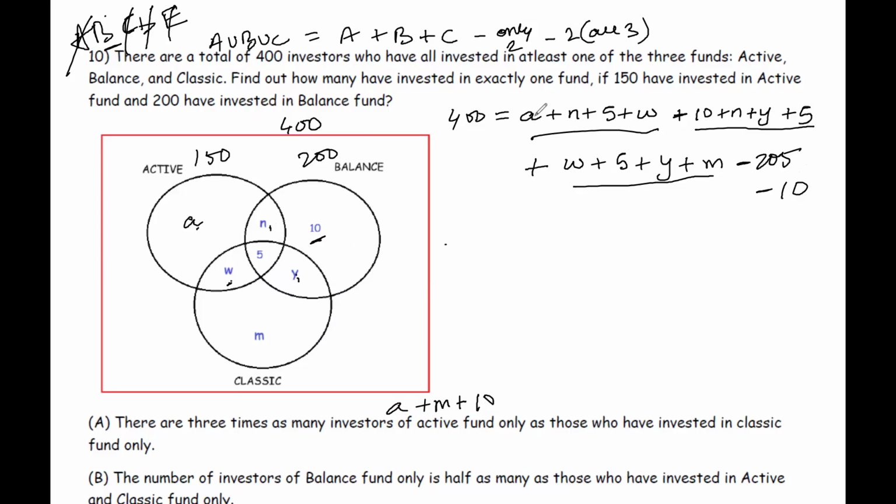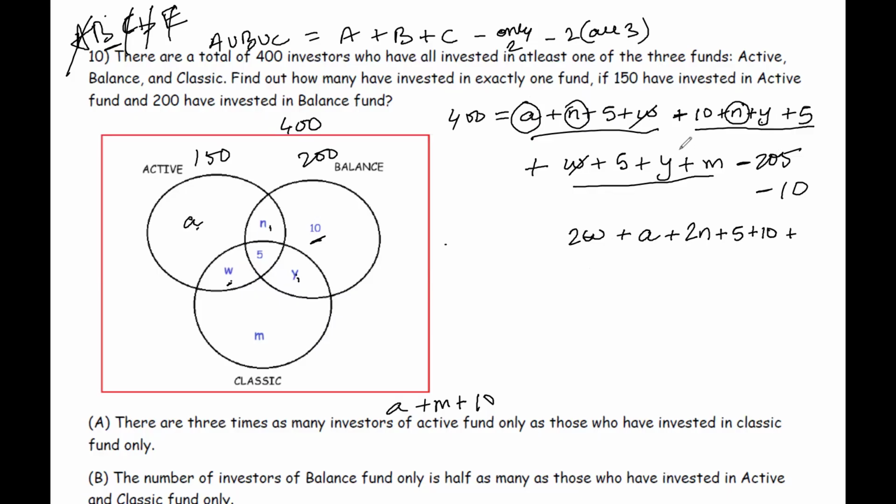So we have to just bifurcate this one from this entire equation. We got two W's. We leave A alone as it is. We got 2N. We got a 5 and a 10 and a 5, so we'll write it down as 5 plus 10 plus 2Y.